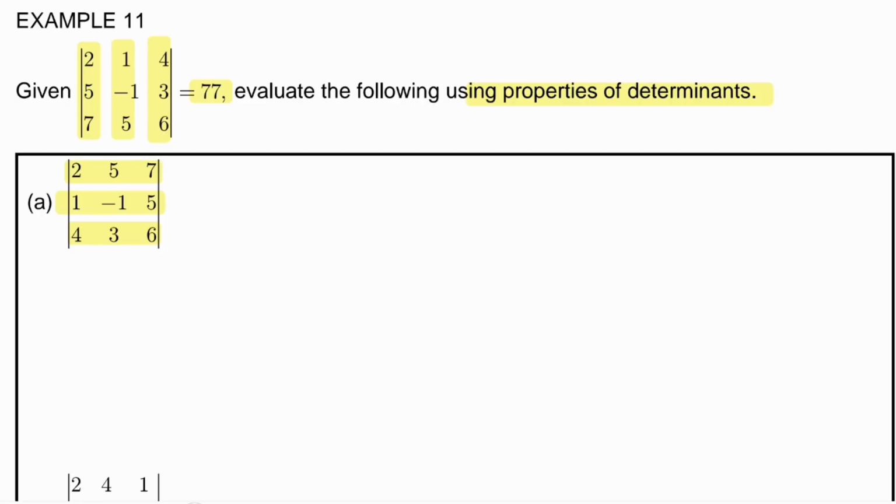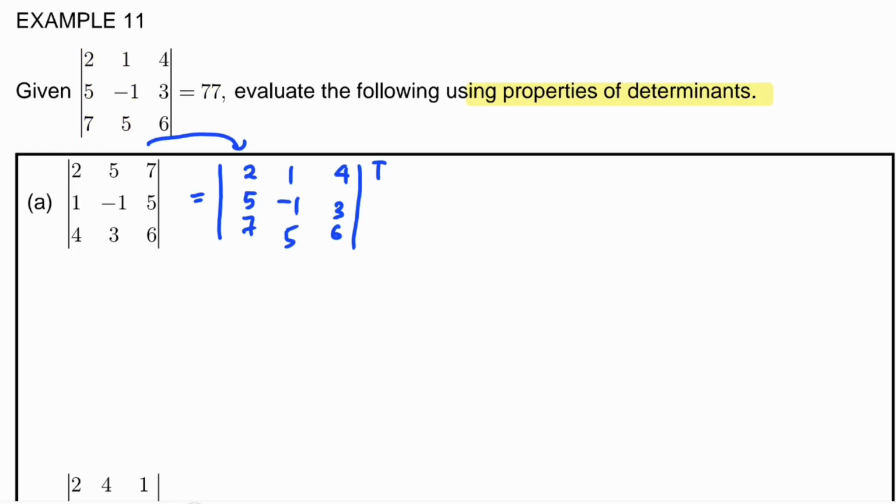So what happened here is a transpose process. If you transpose back, you will get 2, 5, 7, 1, -1, 5, 4, 3, 6. So this matrix is equal to the matrix 2, 1, 4, 5, -1, 3, 7, 5, 6 transposed, which is equivalent to the one in this question.